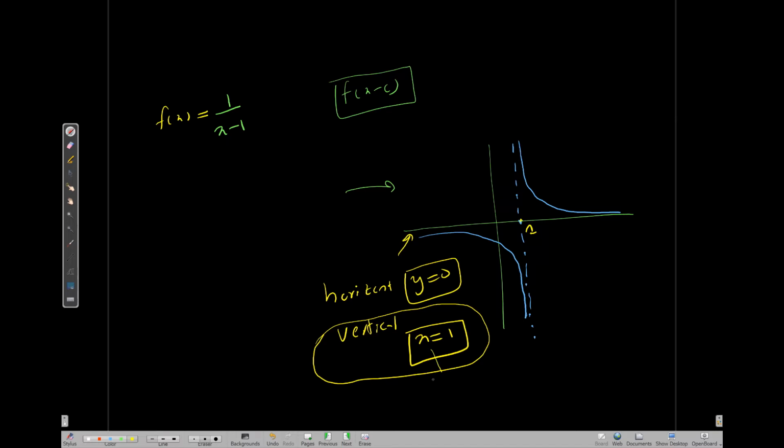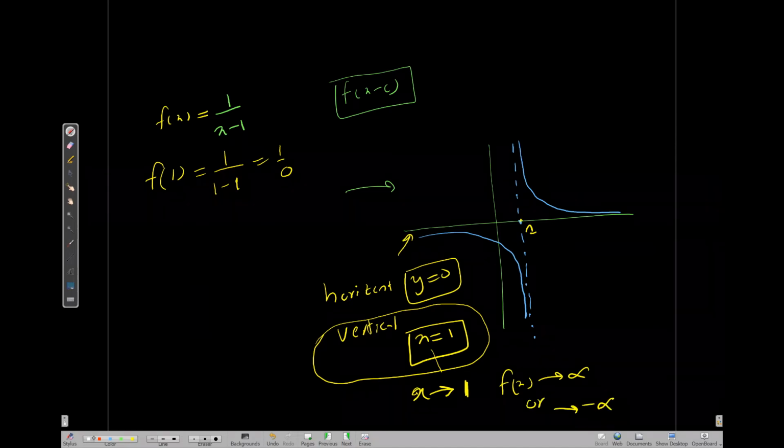At x equals 1, f of 1 does not exist because I am dividing by 0, 1 minus 1. So when x is getting closer and closer to 1, your f value is either going to infinity or to negative infinity. See, that's what's happening here.